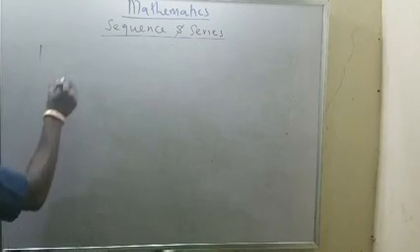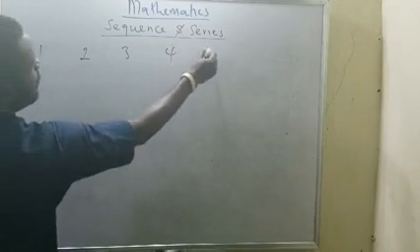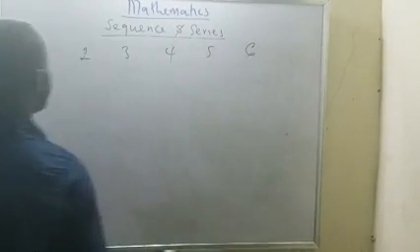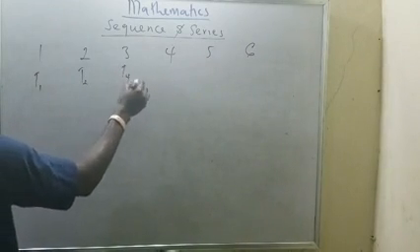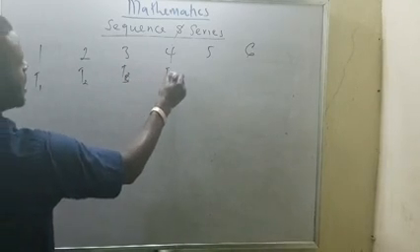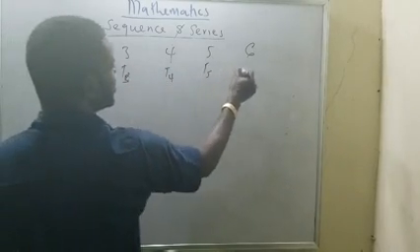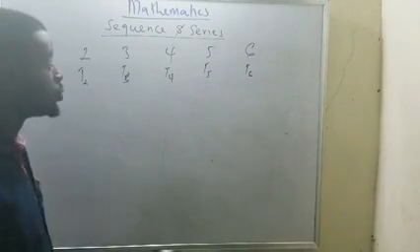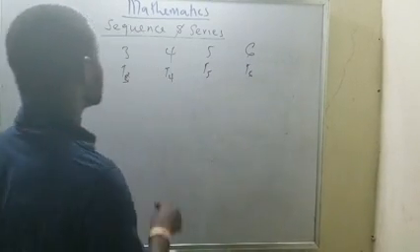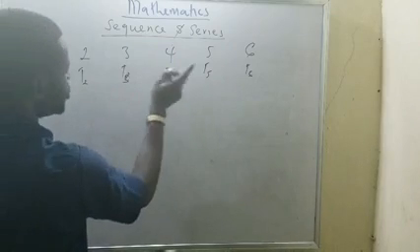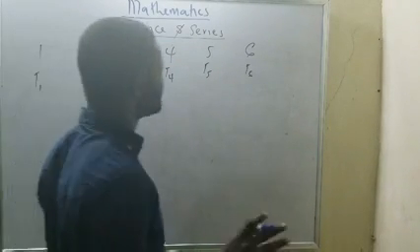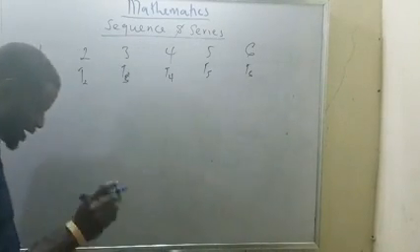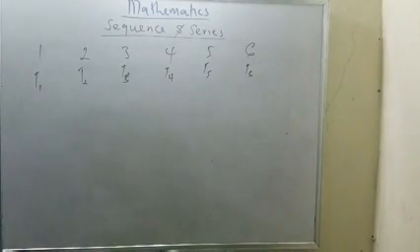If I have the arrangement 2, 3, 4, 5, 6, this is my first term, second term, third term, fourth, fifth, sixth. It means this is the position of each of them. That is a position, not a sum. Many students make that kind of mistake. We are referring to positioning.